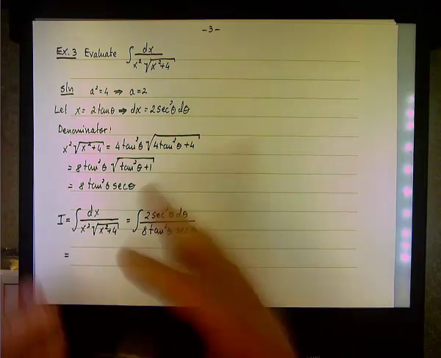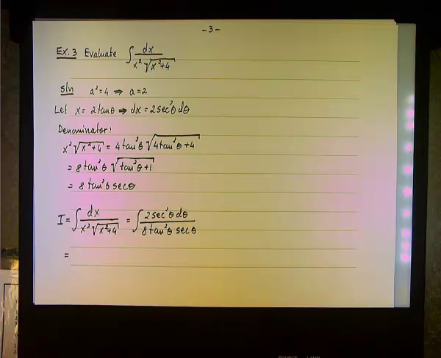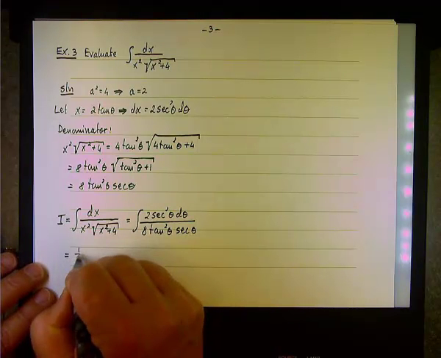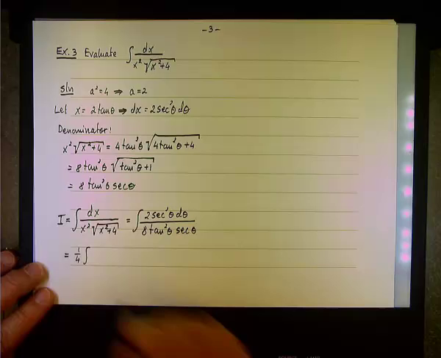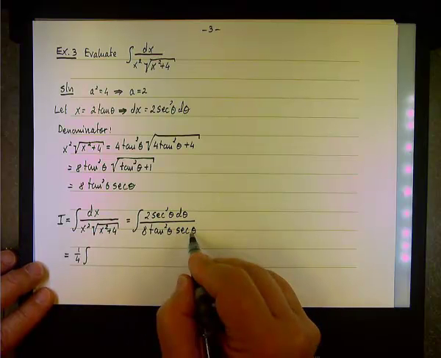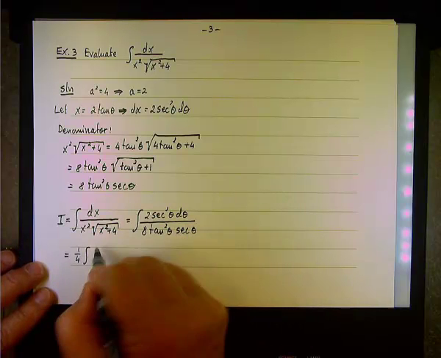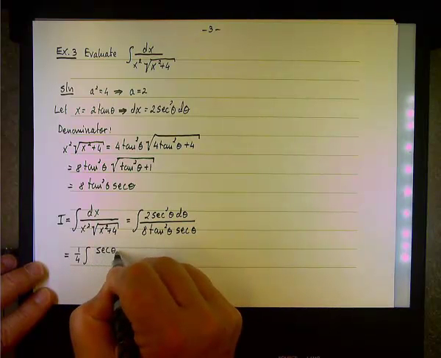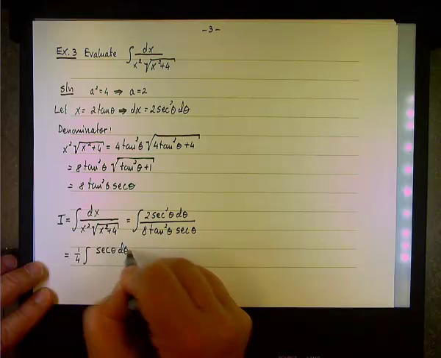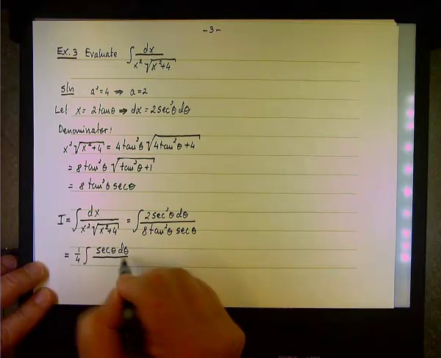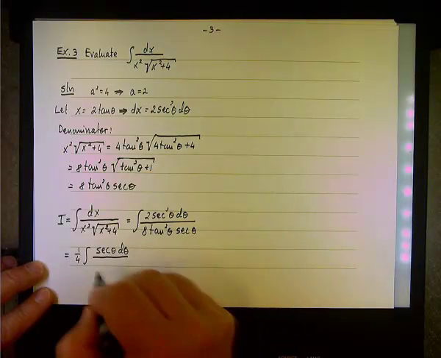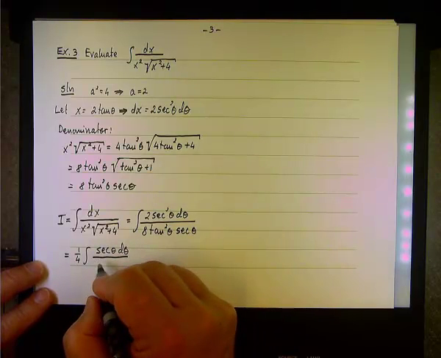So now we need to reduce it a little bit, and 2 over 8 is 1/4 outside the integral, and secant squared over secant is reduced to secant theta d theta. So that will be our new numerator. And the denominator will be tangent squared by itself.